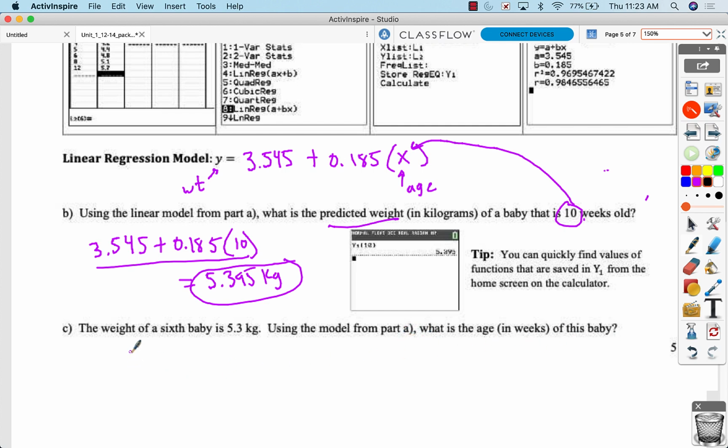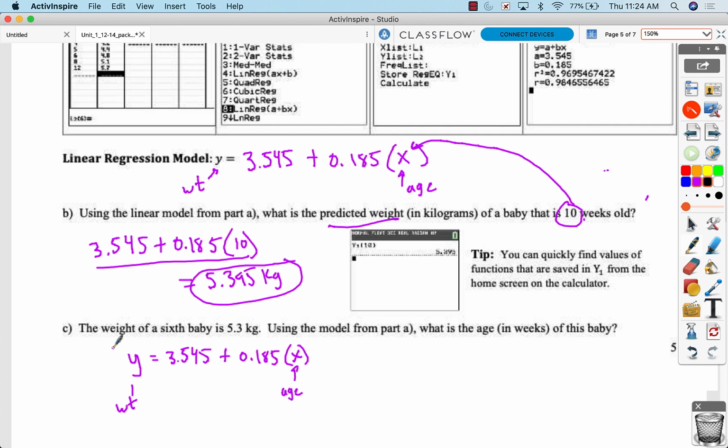Okay, so this is just working backwards. It's like this: y, which is your weight, equals 3.545 plus 0.185 times x, where x is the age.